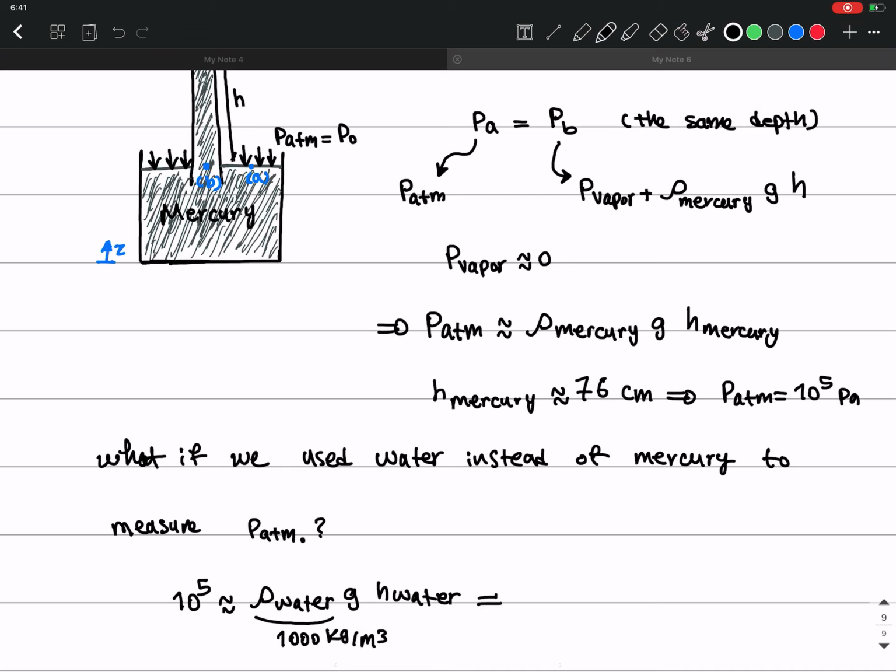And if you calculate it, with g around 10, h water, the depth of water in this case, would be around how much? It's going to be around 10 meters.